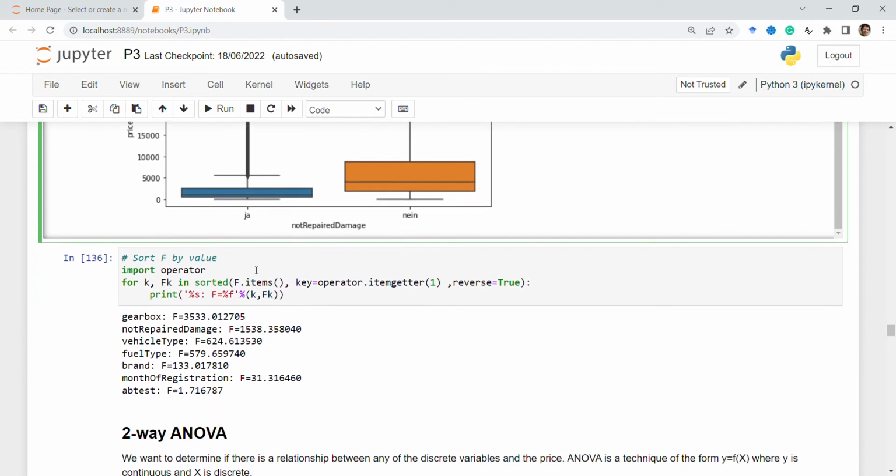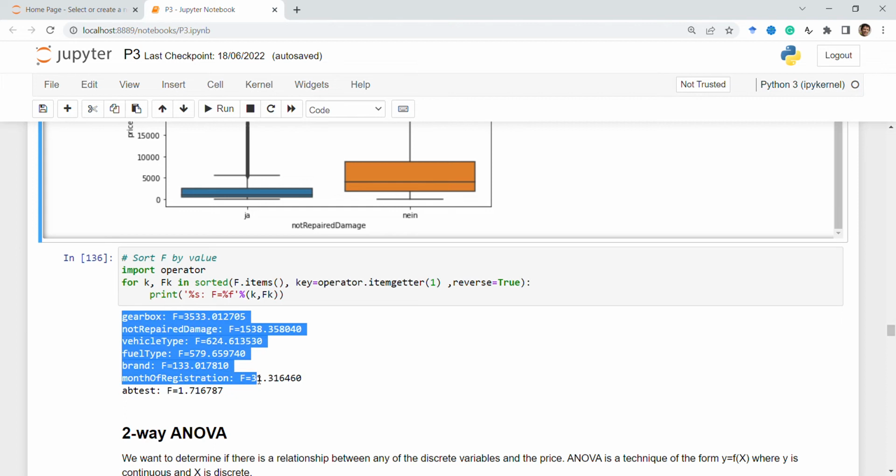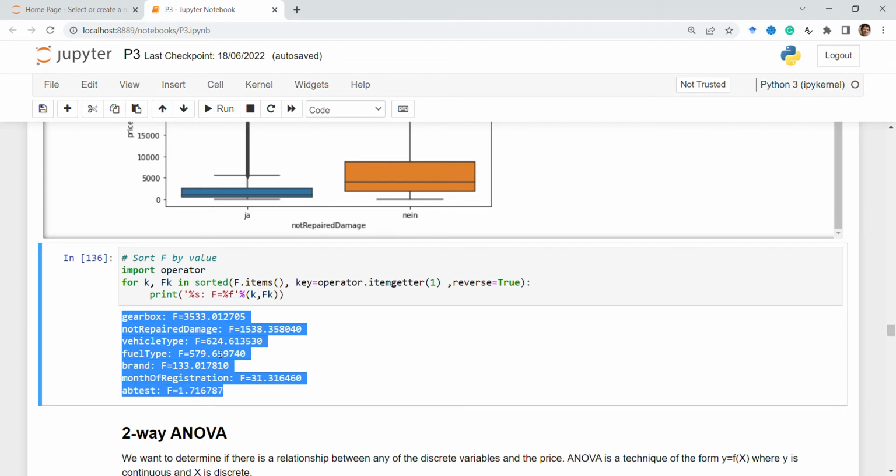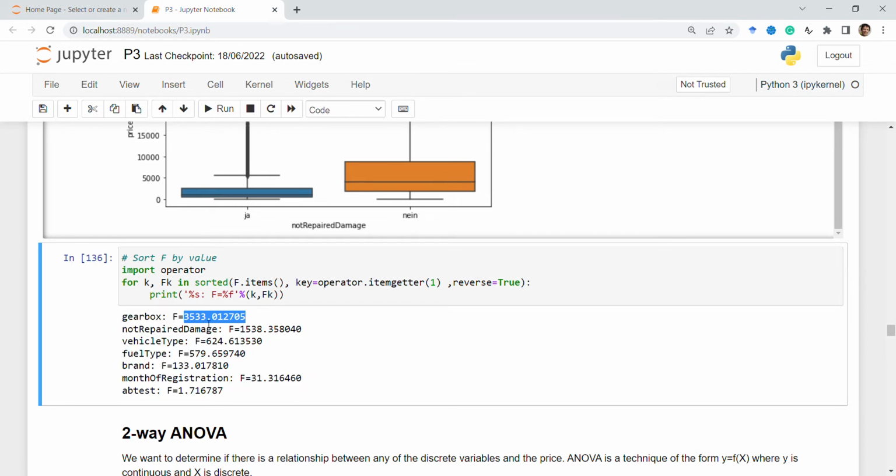Okay, so now we can sort all these discrete variables by their importance. The most important variable is gearbox, and then not repair damage, and then for vehicle type, fuel type, the brand is relatively unimportant, month of registration is not that important, and the test that we already saw is not significant.